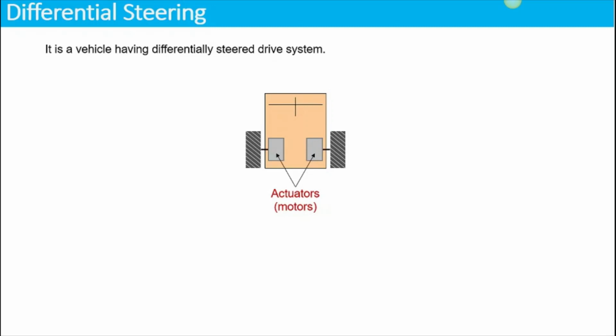a differentially steered drive system. Okay, so in this case, in your mobile platform, you have two tires, and these tires are connected directly to different motors or different actuators.